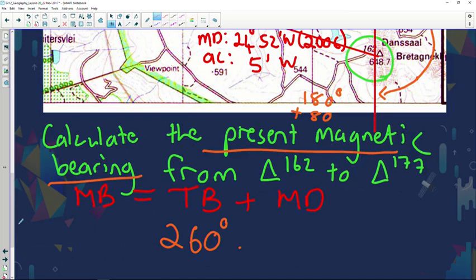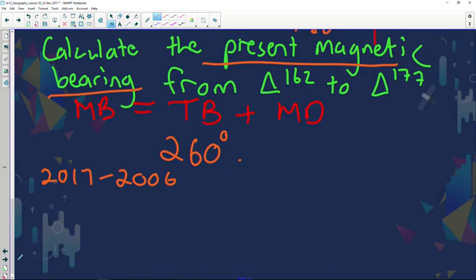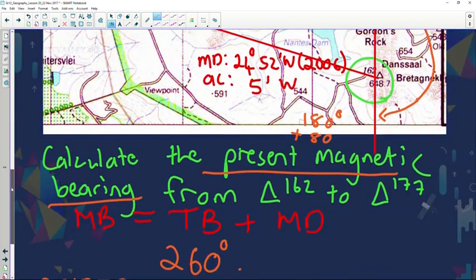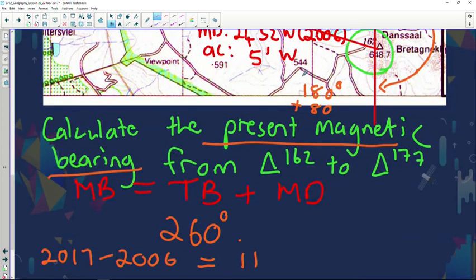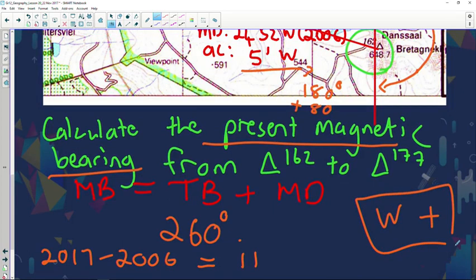So what do we need to do? 2017 subtracting 2006 leaves us with 11. The annual change that took place was 5 minutes west. Because it's west, we're going to add. If it moves in the westerly direction, we're going to add.